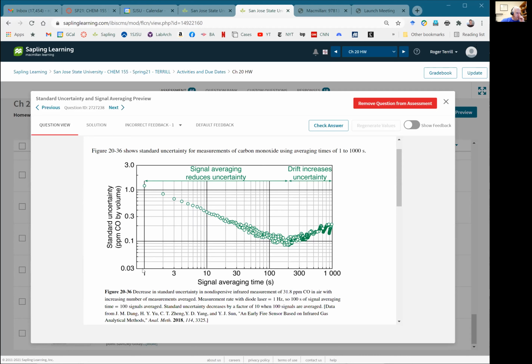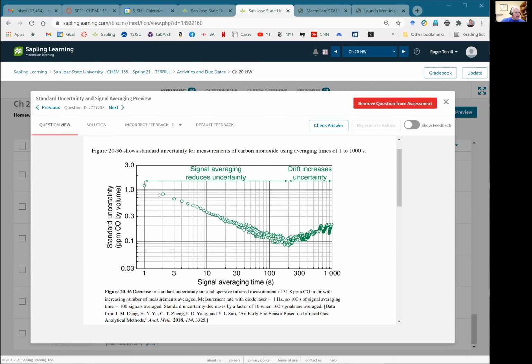And if you measure this just one time, measure the signal for 1 second, and then you wait a little while, then you do it again, you're going to find that the uncertainty is up here around 1, like it could be 1 part per million or something like that, if you only dedicate 1 second to the measurement.